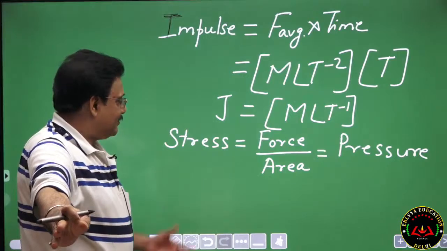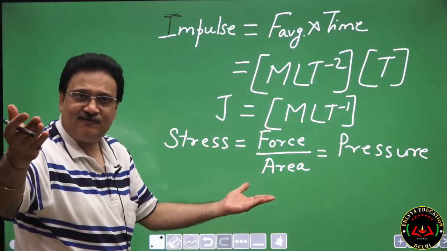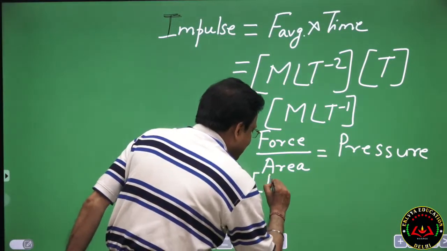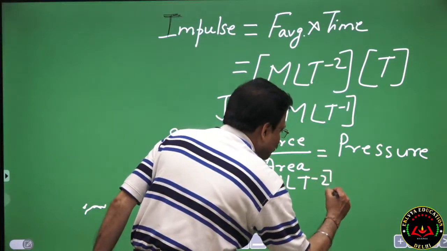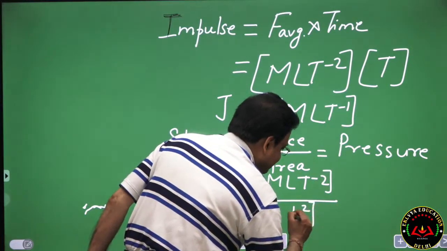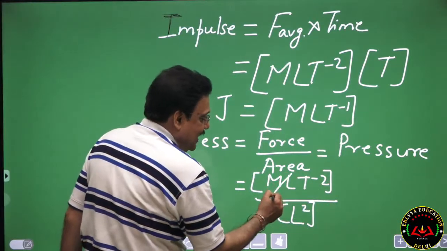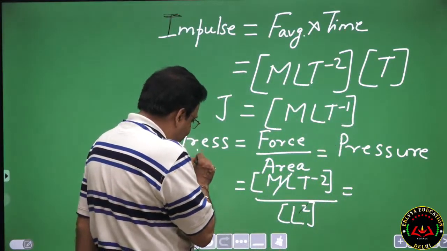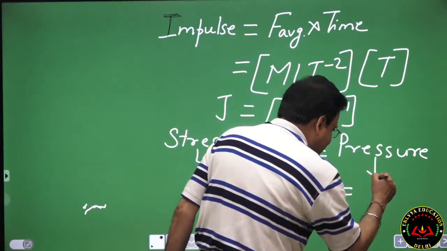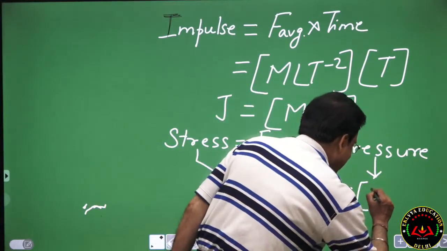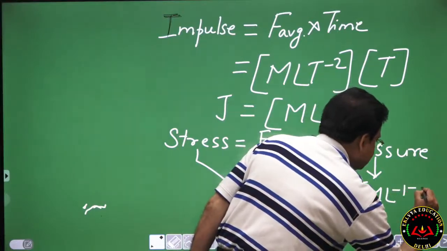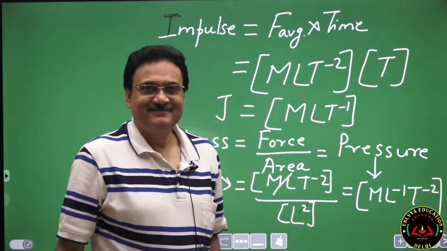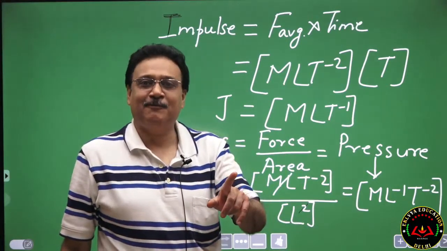So stress and pressure both are same, तो इसका dimensional formula will also be same. So dimensional formula क्या हो गया? M L t to the power minus 2 upon L square. Right? So again L and L got cancelled. So you have got dimensional formula for stress or pressure, both are same, and that is M L minus 1 t to the power minus 2. Right? Is it clear? F upon A.